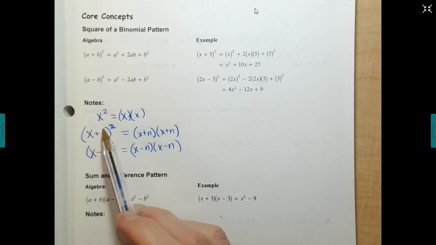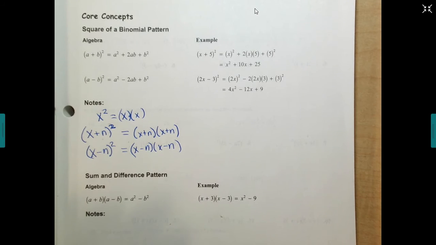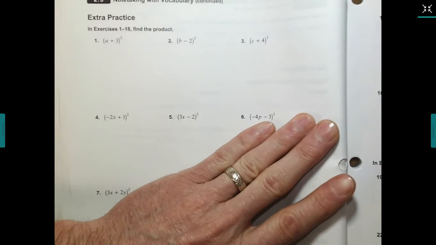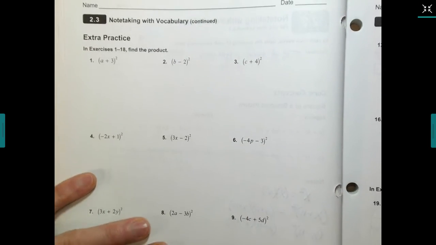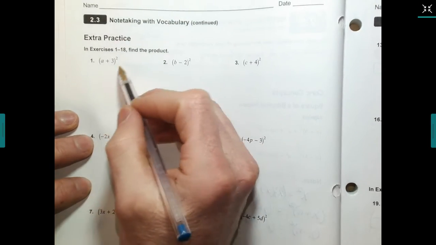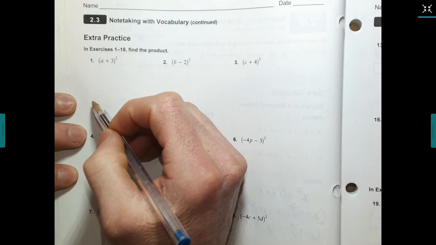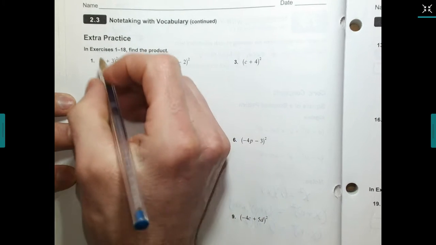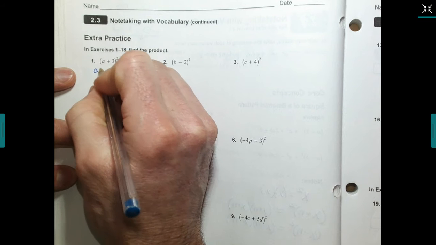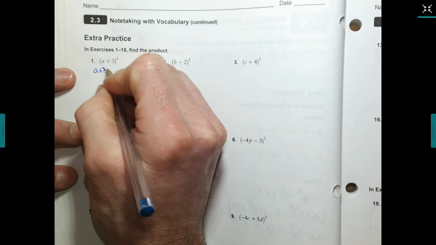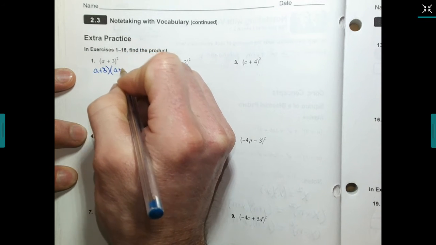I'm going to show you how to do this squaring of binomials today. So we're going to start straight away on your homework and do a series of these. Now, because this is the whole thing squared, what you need to do to get credit for your work today is write out what this means: a plus 3 times a plus 3.